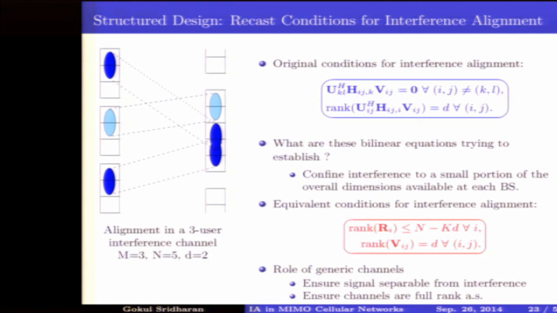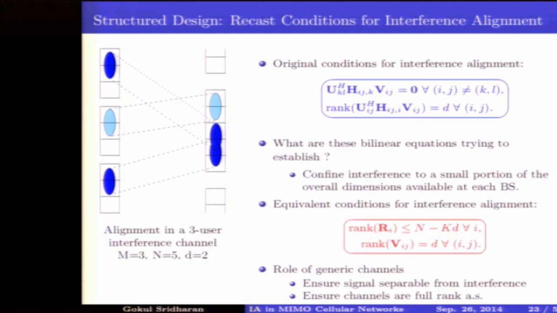If I were to align interference in such a network, it should so happen that the 2-dimensional stream coming in from here and the 2-dimensional stream coming in from here, which are both interference, must lie within a 3-dimensional space at this particular receiver. This leaves 2 dimensions for receiving the signal at this particular receiver.